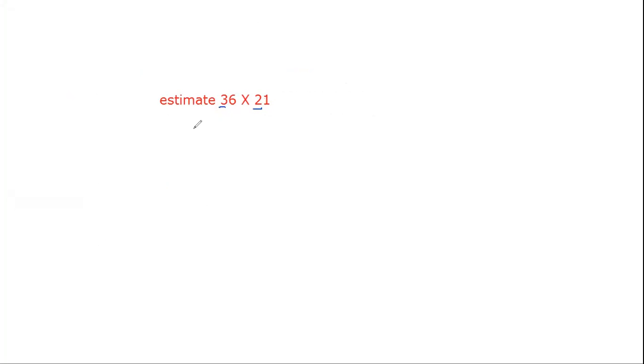So 36, I will round it into 40, times 21, I will round it into 20. Then I can do multiplication. So 4 times 2 is 8. We have two zeros, so it's what? It's 800. That's it.